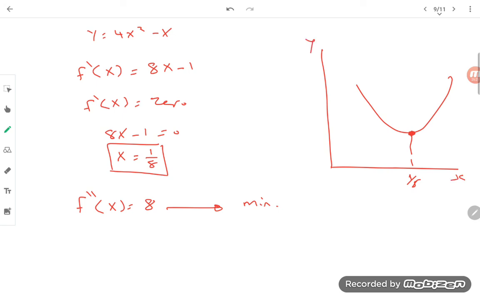Another example. If you know that y equals x to the power 3 minus 3x squared plus 2, the first step is to find the first derivative with respect to x. It will be 3x squared minus 6x, equated with 0.